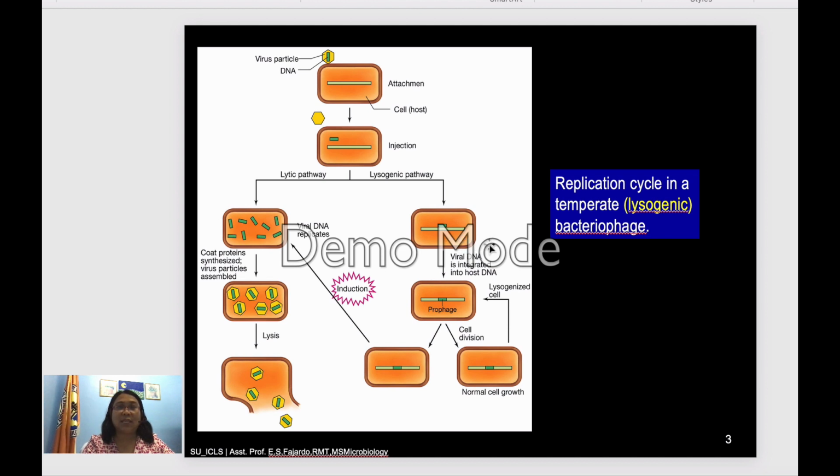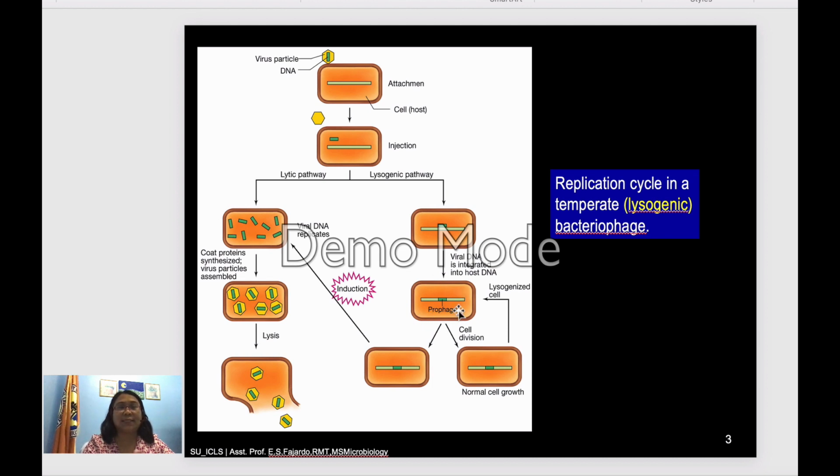So the viral DNA is integrated into the host DNA. We call the bacteria that carries the viral genetic material the prophage.